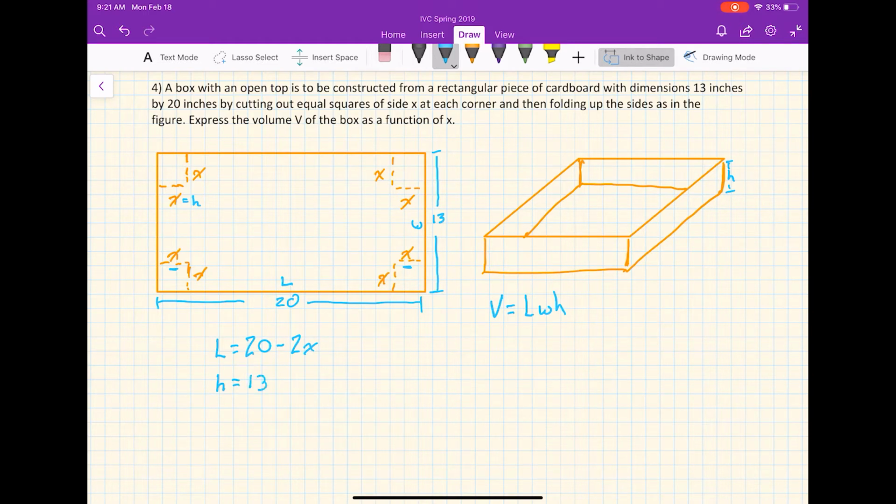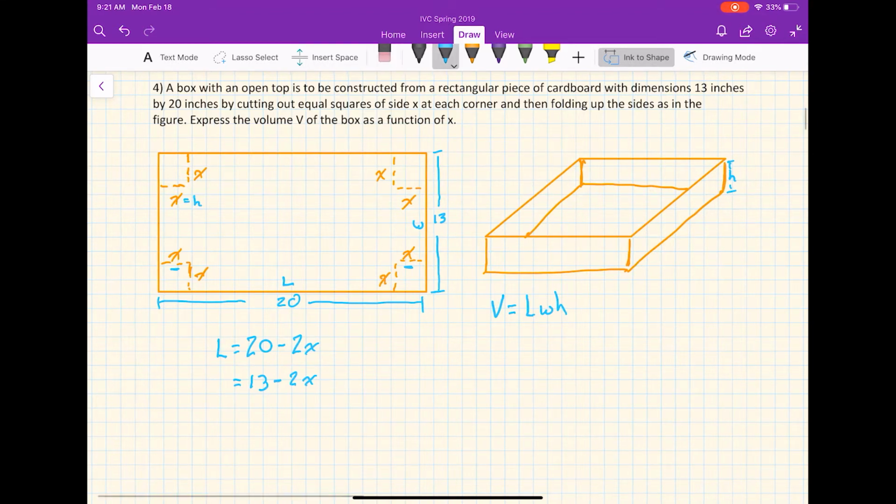And our width is exactly the same situation, except it's 13, so 13 minus 2x again, because we were told that these are squares we were cutting out of the corners. And our height is only 1 unit of x, because these corners are getting folded up. That's kind of why we have that second picture, to show you that.